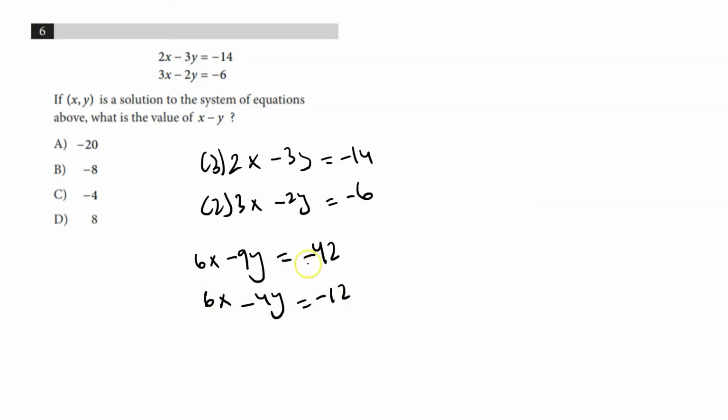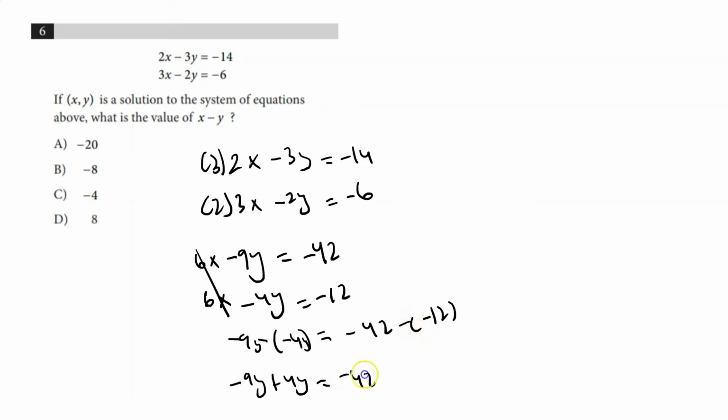Subtracting this here, these cancel, and negative 9y minus negative 4y equals negative 42 minus negative 12. This double negative is actually addition, so we have that negative 9y plus 4y equals negative 42 plus 12.